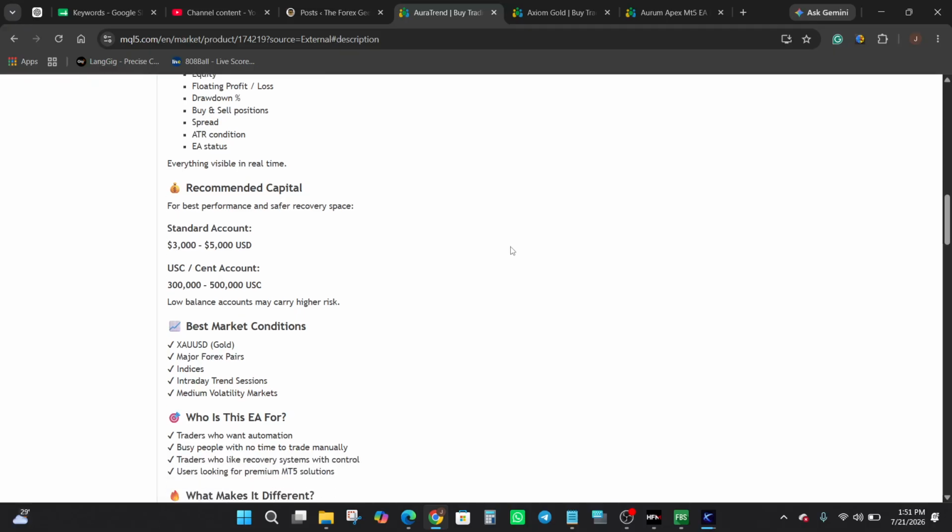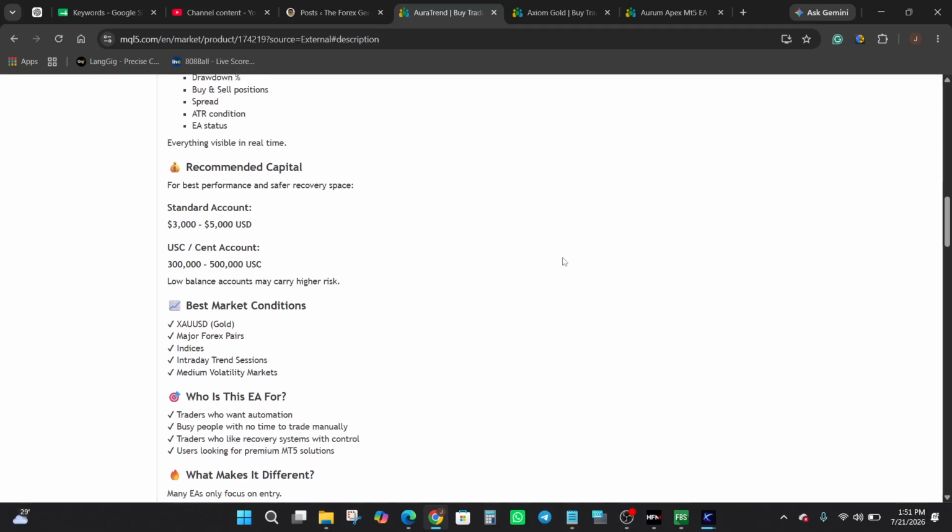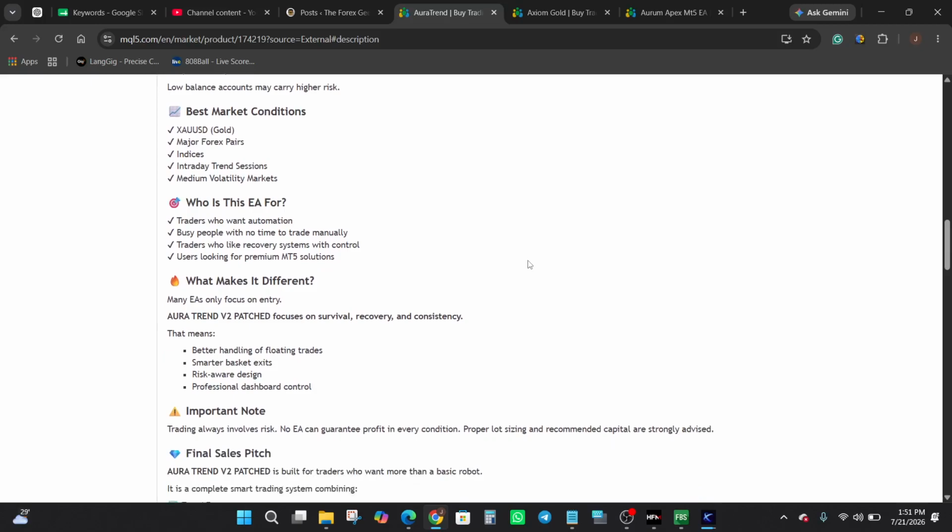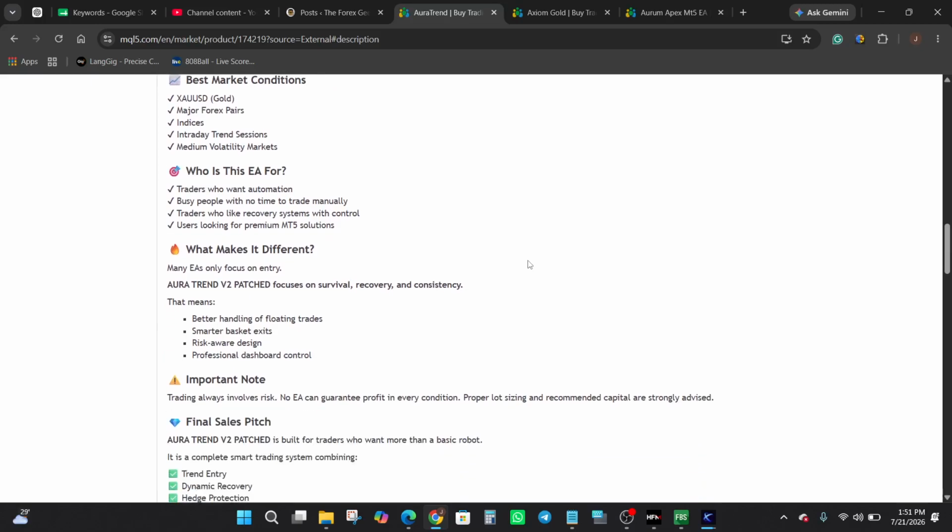Now, from a trader's perspective, the combination of trend filters to avoid noise and controlled recovery steps can help manage drawdown, but recovery features mean you need to pay close attention to lot sizing and max steps to align with your risk tolerance. The dashboard is a nice touch for monitoring without constantly checking charts.